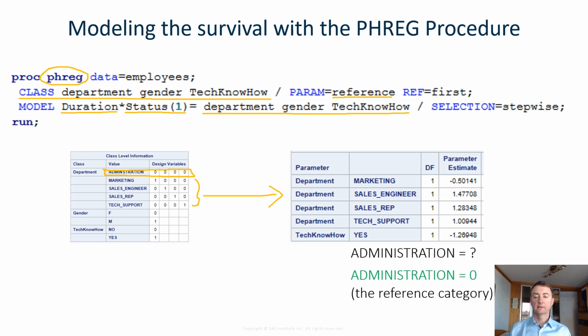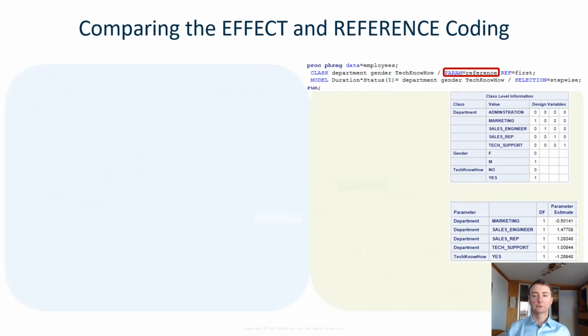So we see here, when we compare the effect coding and the reference coding, what we just did in the reference coding: we have the administration class with 0 and our parameter estimates.